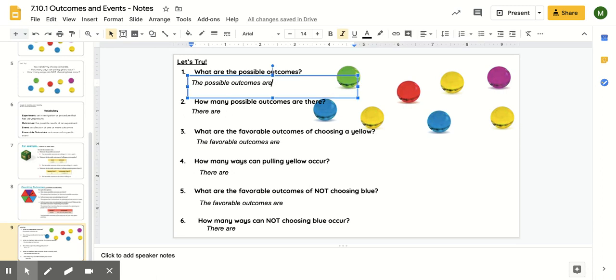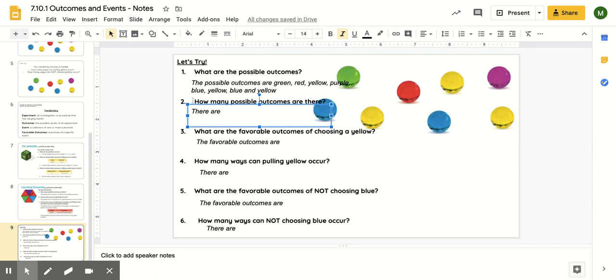The possible outcomes are green, red, yellow, purple, blue, yellow, blue, and yellow. So all of these are their own separate result, right? Pulling this yellow marble is different than pulling this yellow marble. So I do list yellow 3 times because they are all separate possible outcomes.